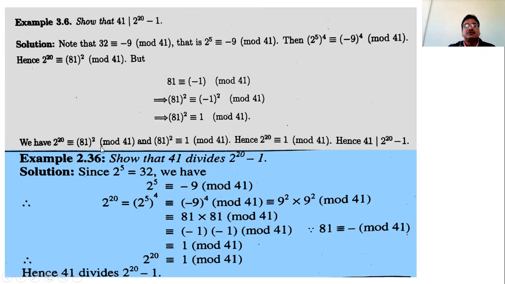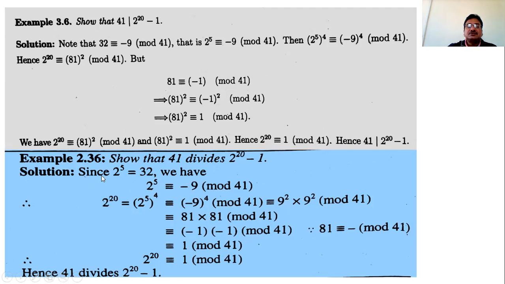And therefore 41 divides 2 raised to 20 minus 1, by using the definition: A is congruent to B modulo n if n divides A minus B. So we have 41 divides 2 raised to 20 minus 1.